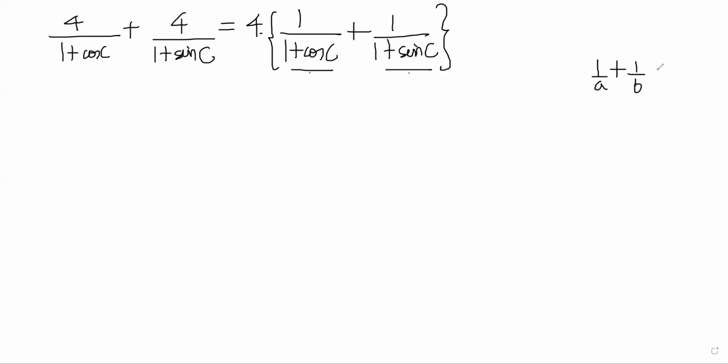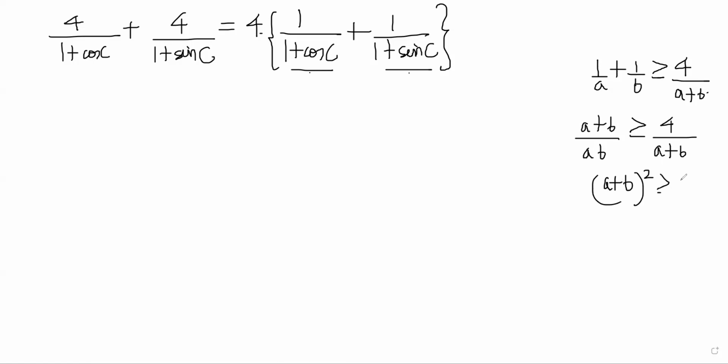And we can say that 1 by a plus 1 by b will be greater than or equal to 4 by a plus b. Why? Because (a plus b) by ab is greater than or equal to 4 by (a plus b), because (a plus b) whole square is greater than or equal to 4ab, because (a minus b) whole square is greater than or equal to 0.